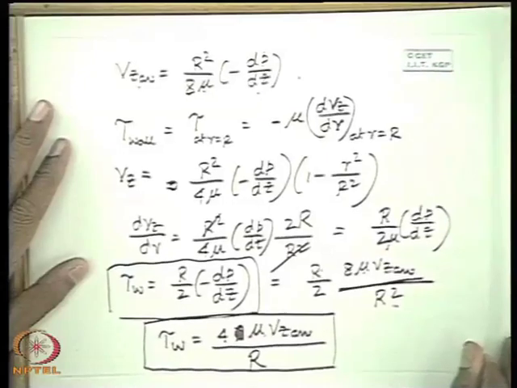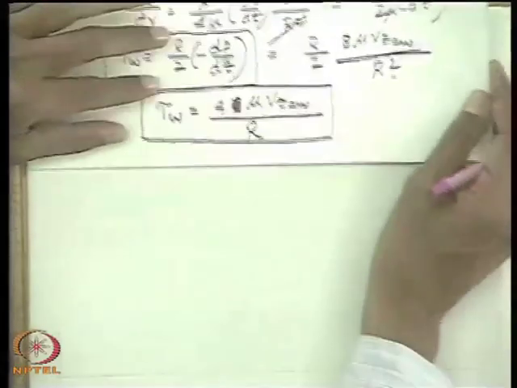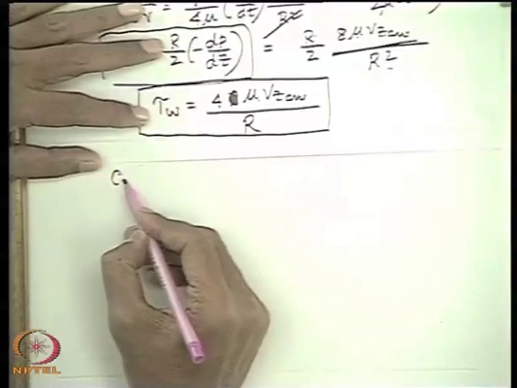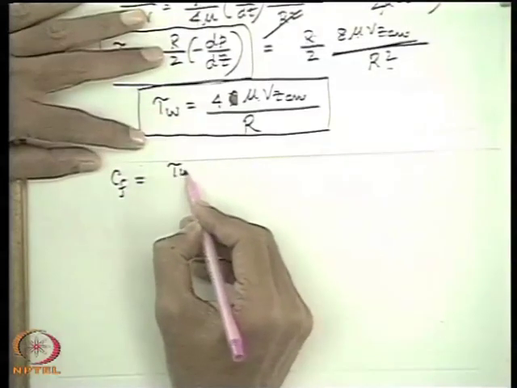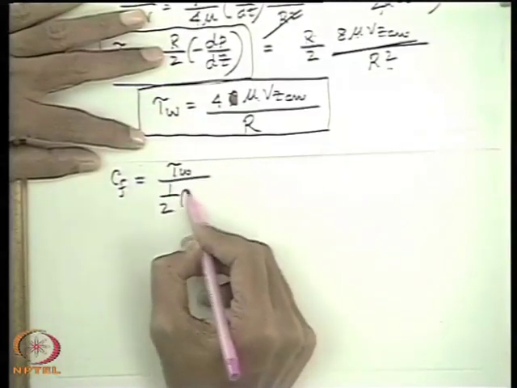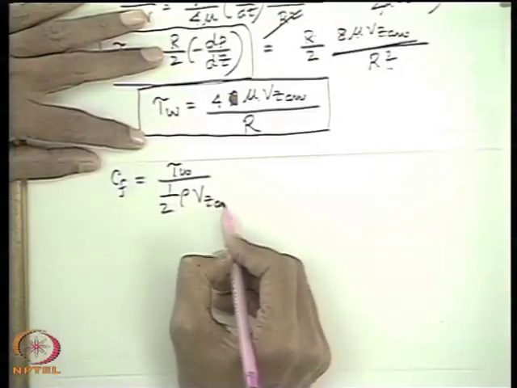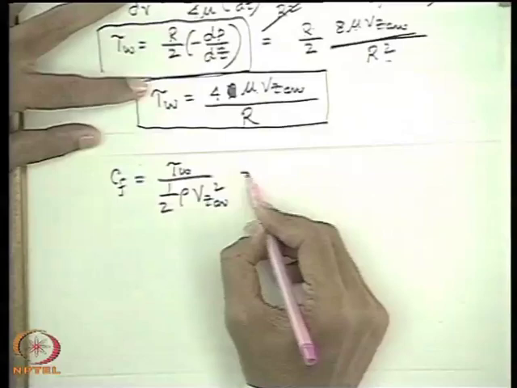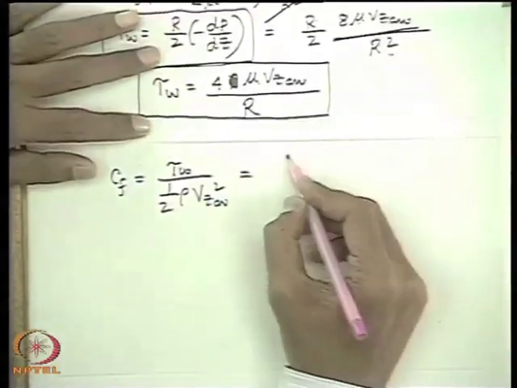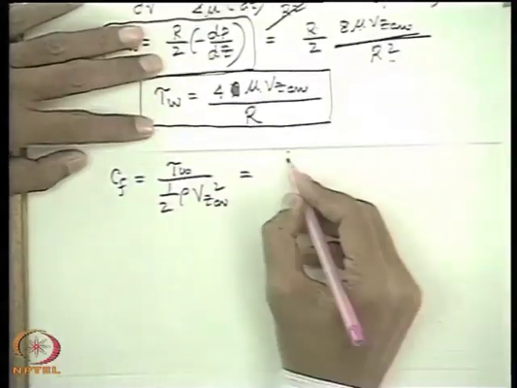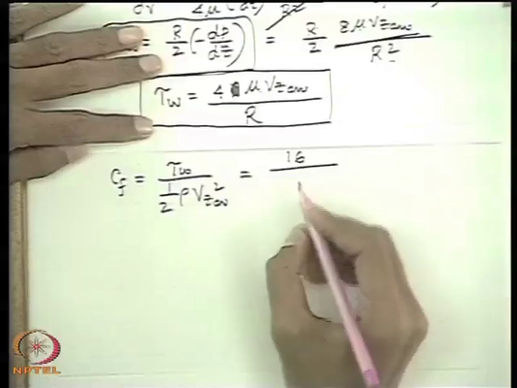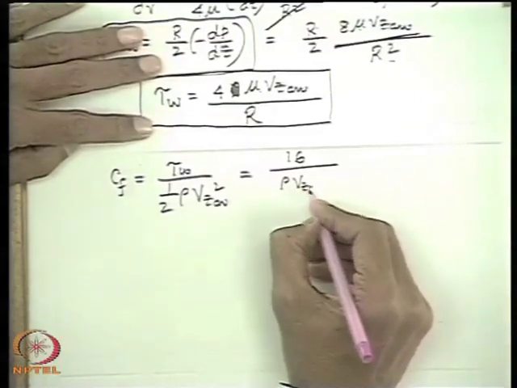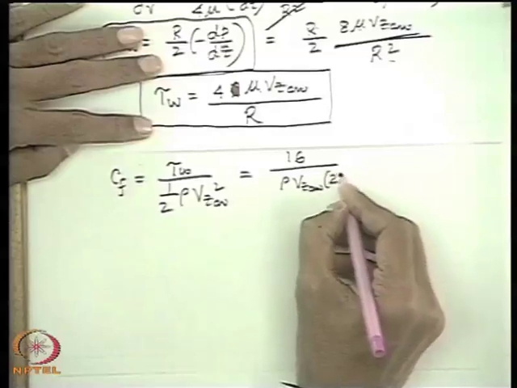Now what is the next step? The next step is the skin friction coefficient, Cf. Cf is defined as tau w by half rho Vz average square. If you do that, you get an expression: 16 by rho Vz average into 2R.